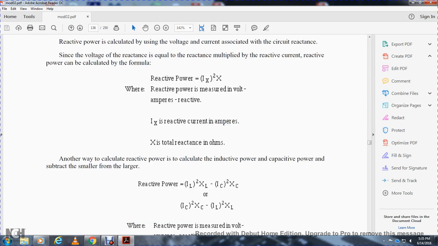Another way to calculate the reactive power is to find the inductive power and the capacitive power and subtract the smaller from the larger.